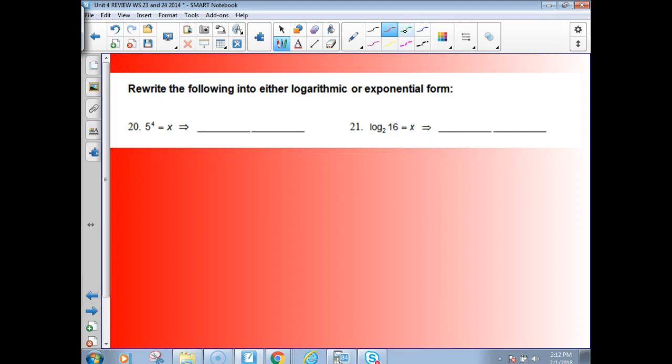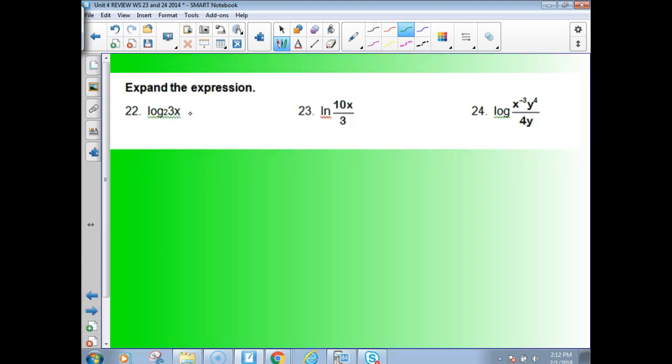Rewrite the following as logarithmic or exponential, and that would be the log in base 5 of x is 4. And this one would be 2 to the x is 16, and it doesn't say to solve it, so don't write 4. Expand the log expression. This would be, I shouldn't be writing in green on a green page, log in base 2 of 3 plus log in base 2 of x.